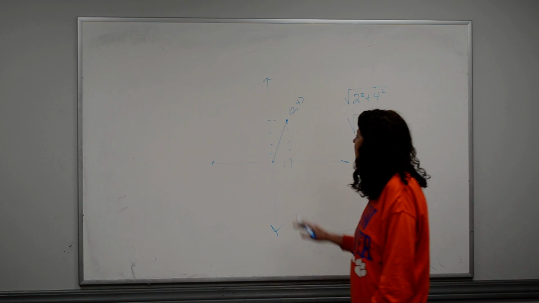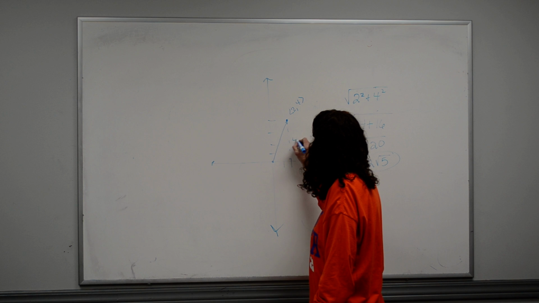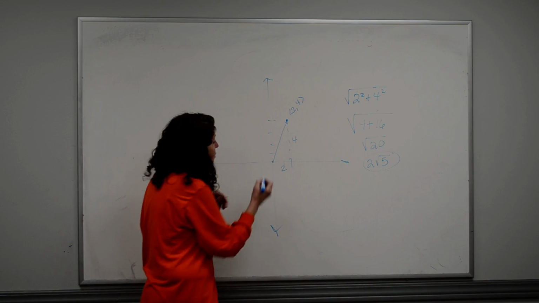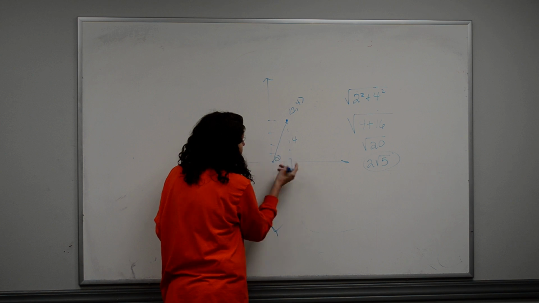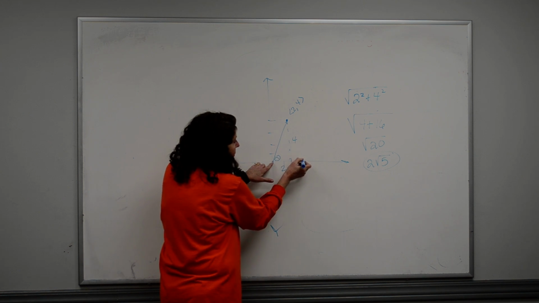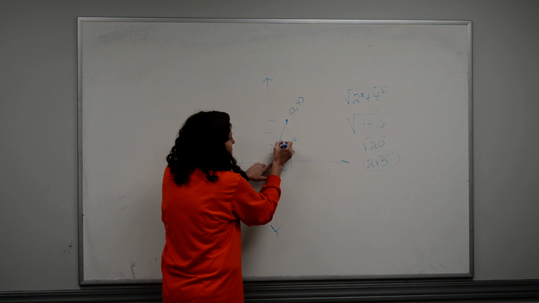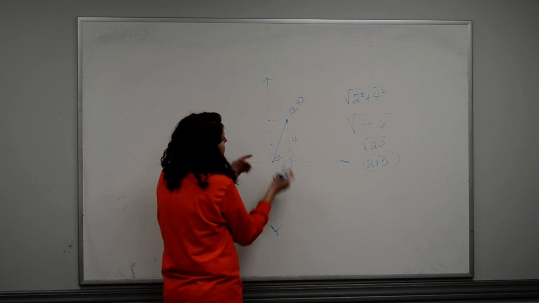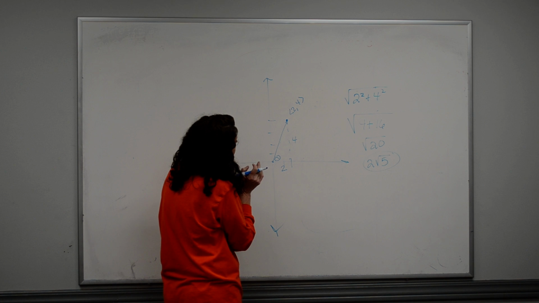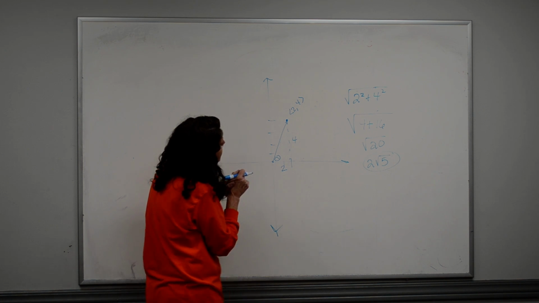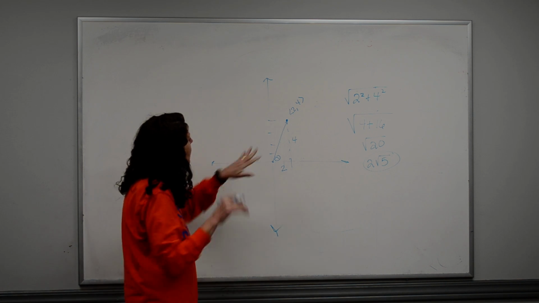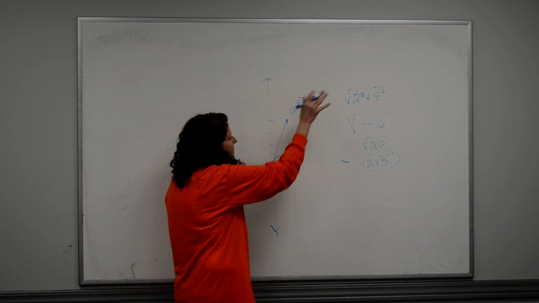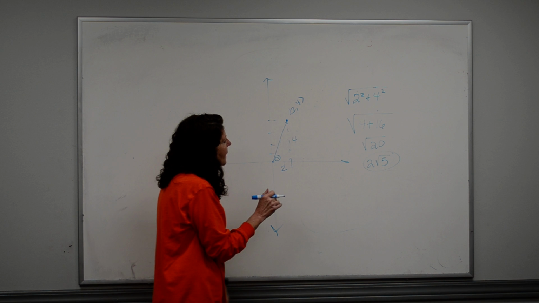If you were trying to find your direction of that, I know that this is 4 and this is 2. And I go back to trig. I want to know the difference from my x-axis to my graph there. I could do the magnitude that way, and I'm going to show you another way to do the magnitude as well.